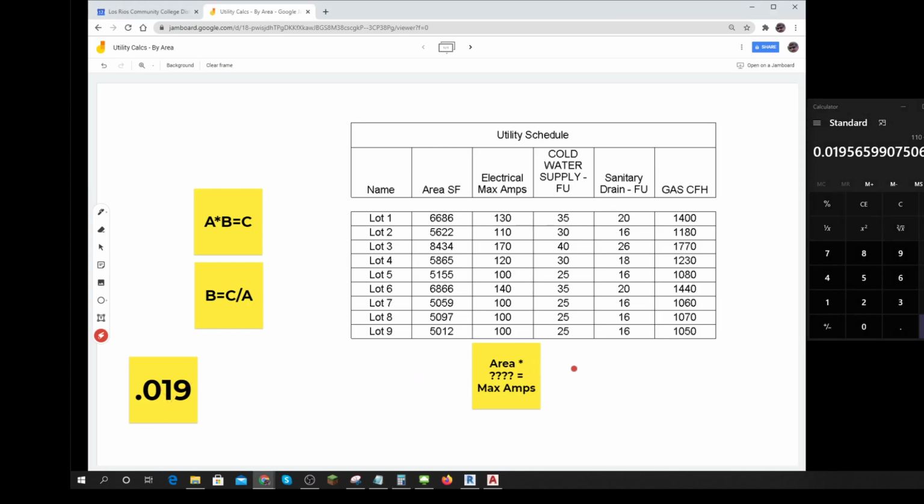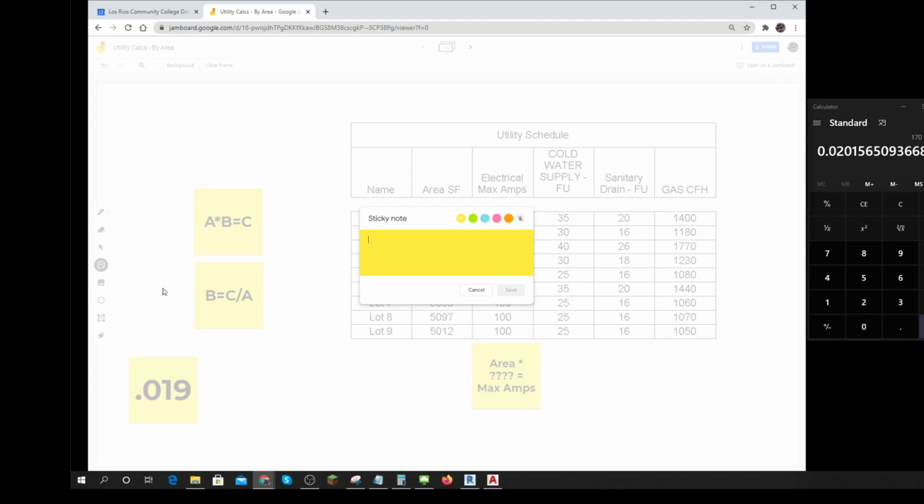Cha-ching. Let's try the next one. 170 max amps divided by the area. 170 divided by 8434. 0.02. That's pretty darn close to that. So I got 0.019, 0.019, 0.02.